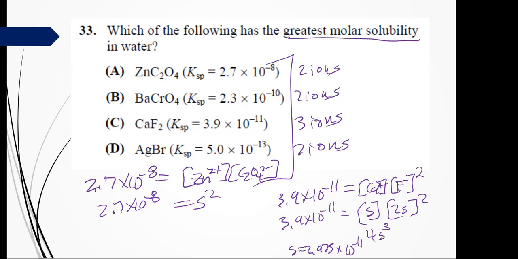Oh, sorry, not divided by 1/3. We get times 10 to the minus 4, whereas this one is going to be 2.7 times 10 to the minus 8. Square root of that.